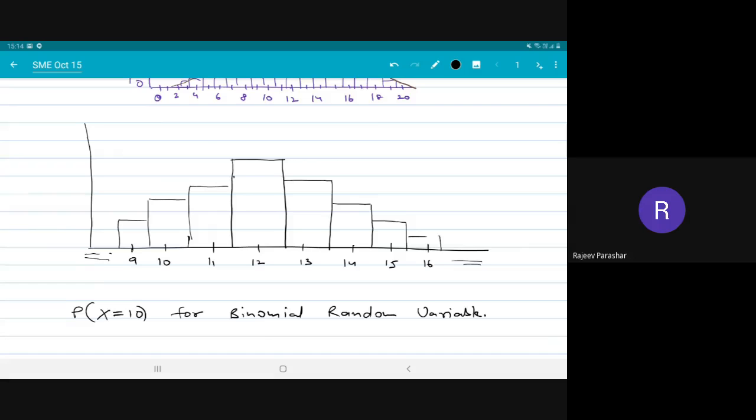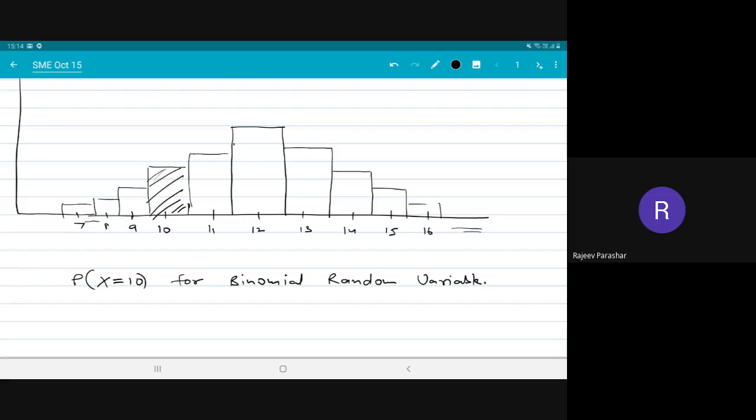What would that be? 8, 7. This is the probability that we're looking for. Because it's a discrete distribution, there would be a positive, non-zero probability corresponding to the value that the random variable takes.